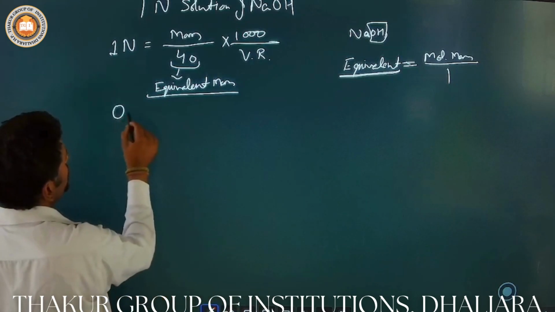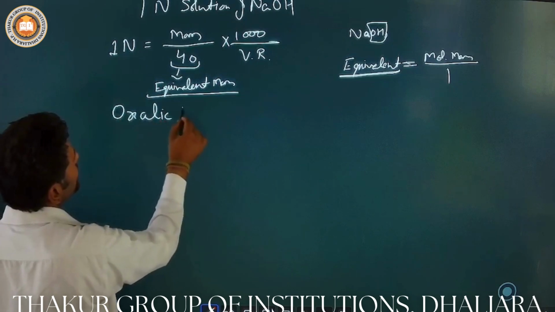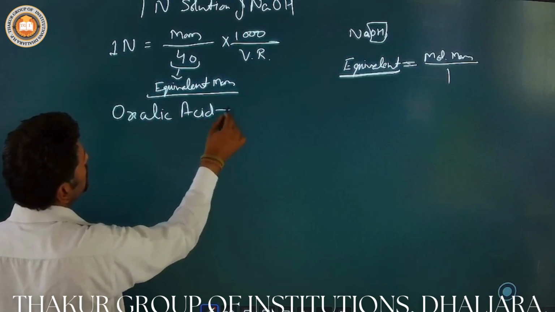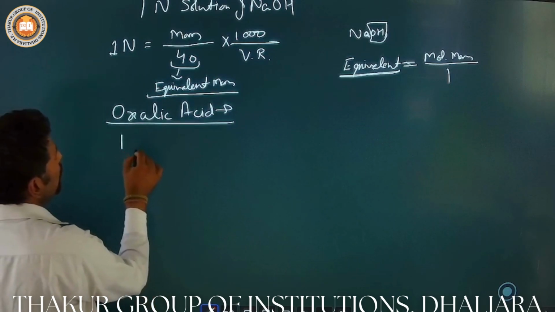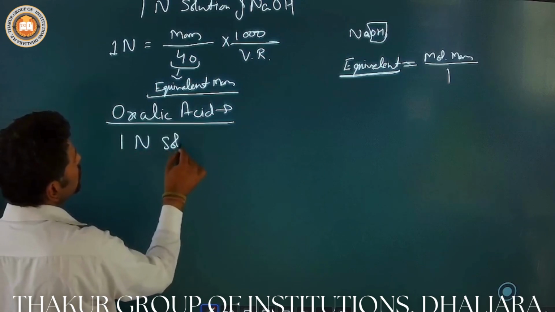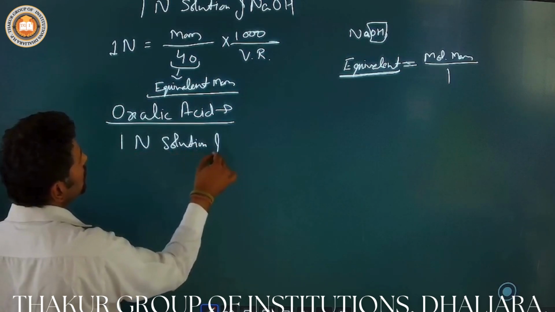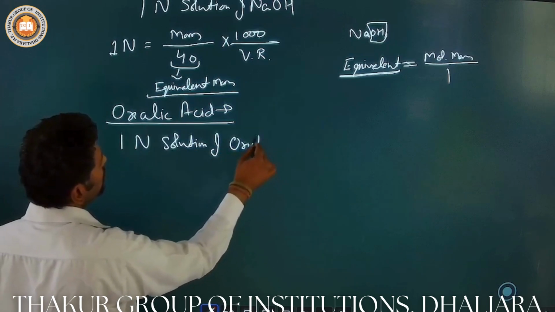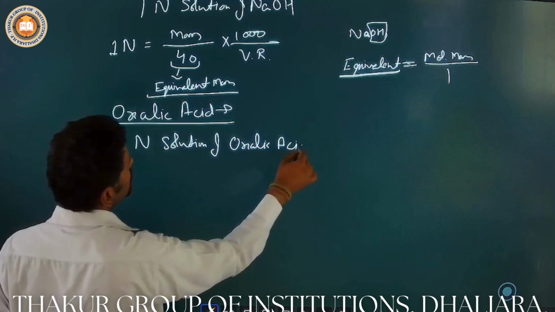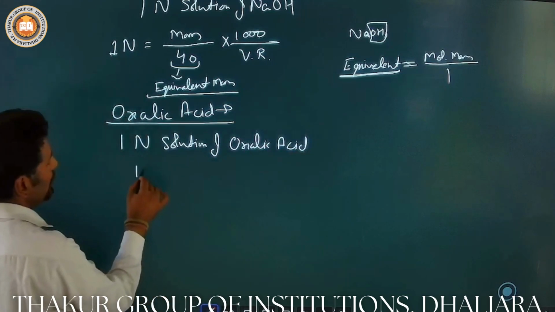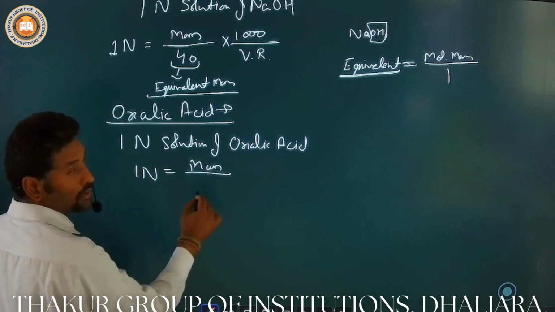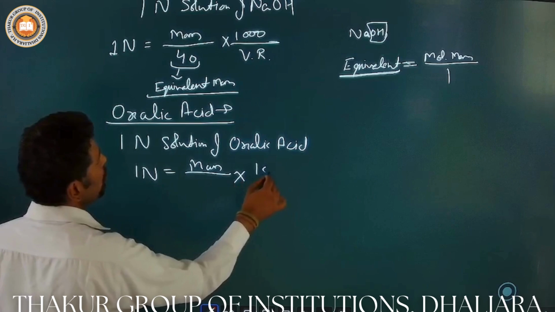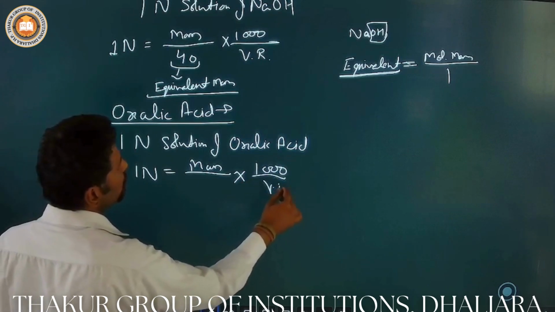For example, in the case of oxalic acid, if you want to prepare the one normal solution of oxalic acid, for this again you will have one normal equals mass required upon equivalent mass into 1000 upon volume required.